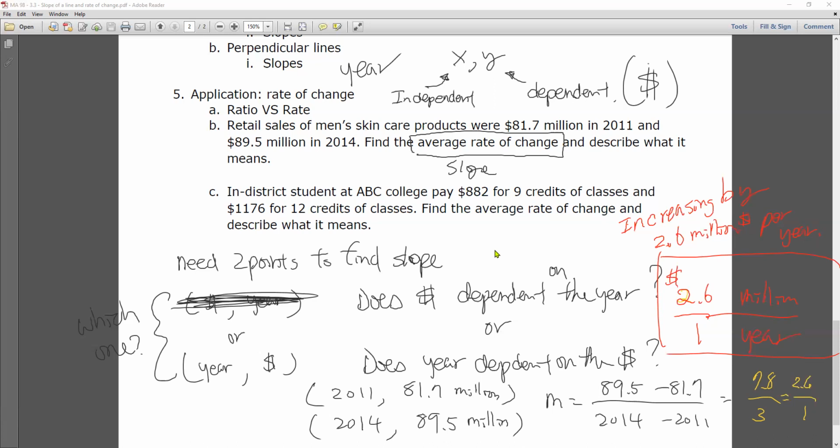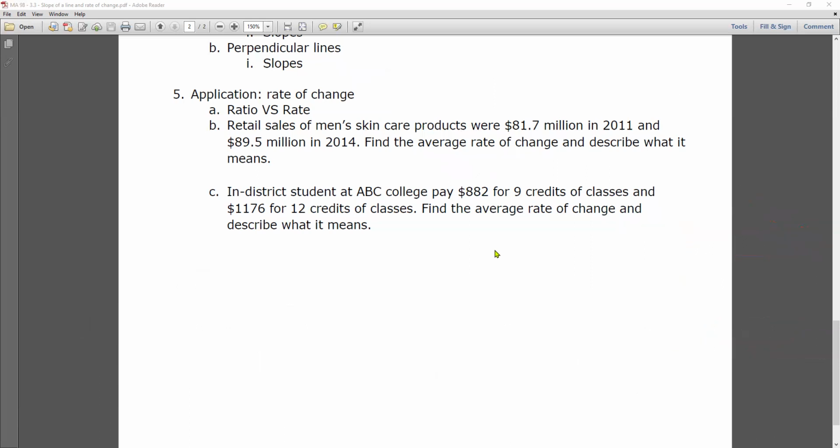All right. Last problem. In district, a student at ABC College pays $882 for 9 credits of classes and $1176 for 12 credits of classes. Find the average rate of change and describe what this means. So again, we got to think about, does the money depend on the credit, or does credit depend on money?